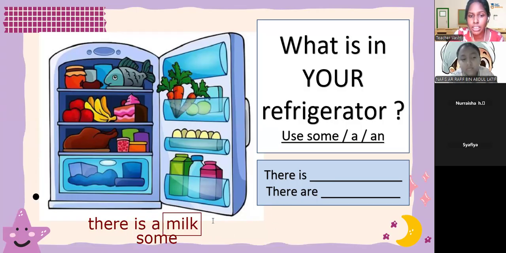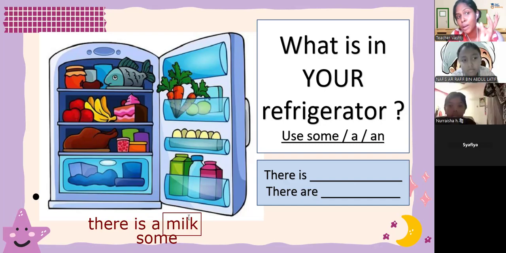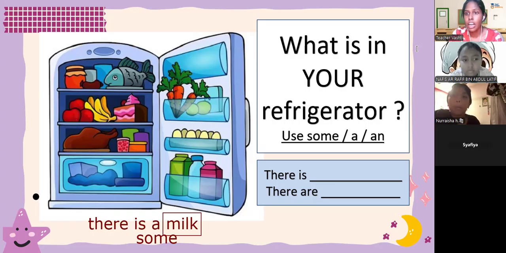Why some milk? Because milk is uncountable. Okay? Alia, okay, there is a cake, good.